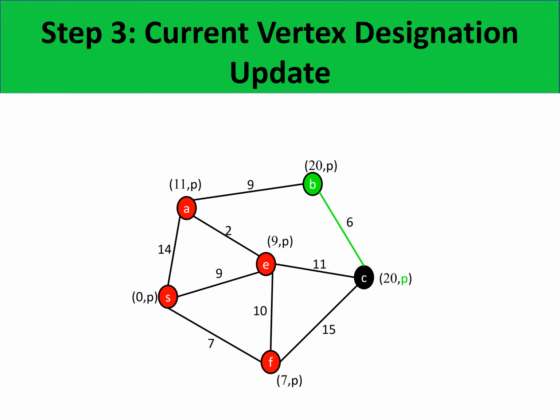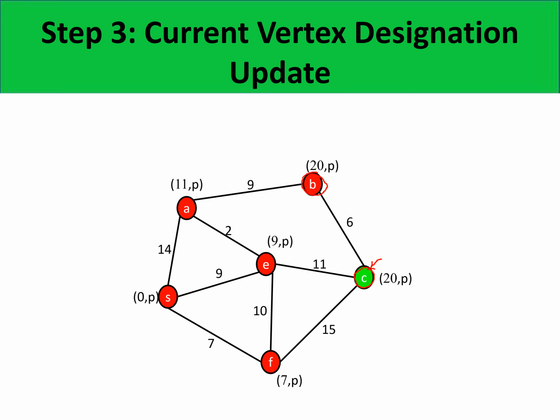Now, since the status label of the vertex C is changed from temporary to permanent, then we say that the vertex C is now our new current vertex. Since the vertex C is our new current vertex, we change its color to green, while the color of vertex B will now be changed to red.